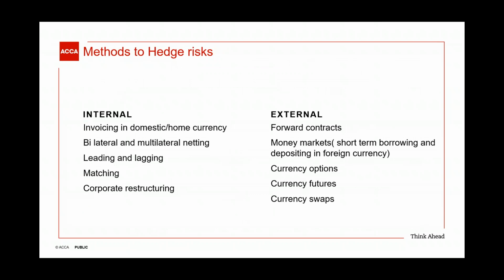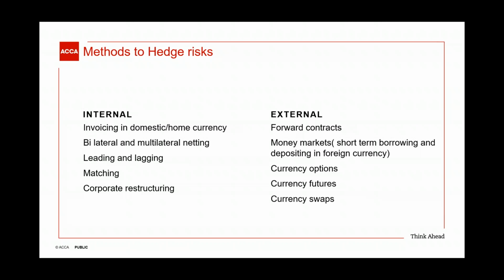I've also discussed different methods to hedge the risks. You can use a lot of internal techniques, which is basically using your internal treasury or yourself. Most common are invoicing in home currency, where you transfer the risk to another party. Bilateral and multilateral netting, which is practiced by multinational organizations. Leading and lagging, which is basically changing the timing of a payment.